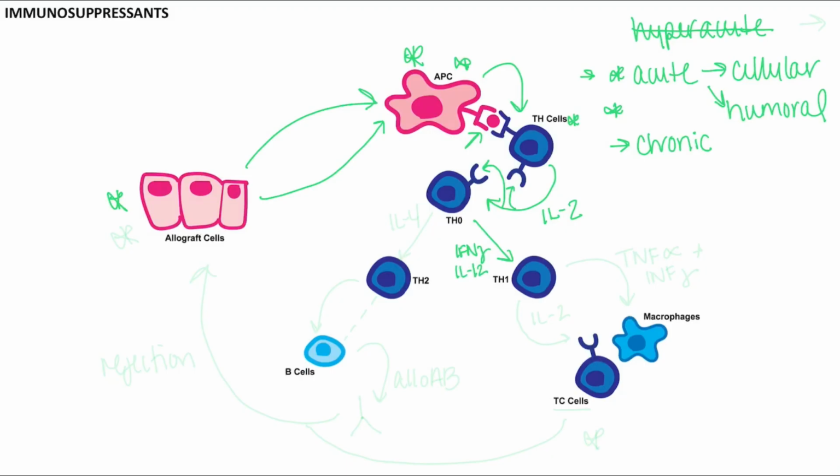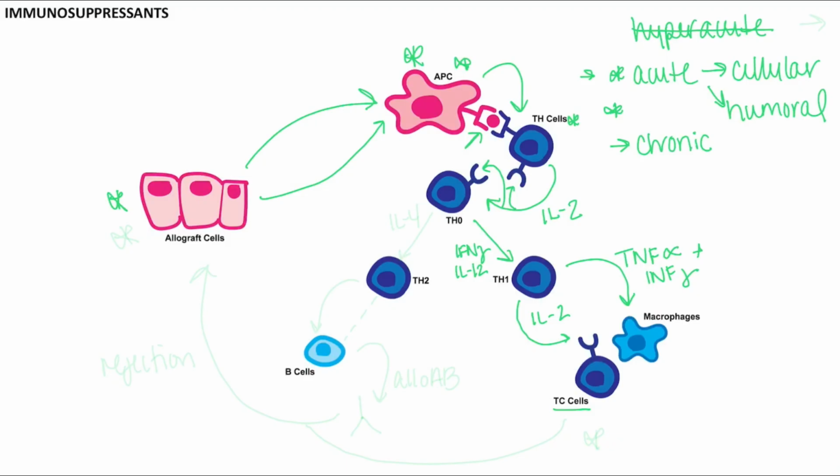And then the TH1 cells go on to mediate cell-mediated responses, like through the secretion of tumor necrosis factor alpha or TNF alpha, and more interferon gamma, which will recruit and activate macrophages to promote inflammation, or through the secretion of interleukin 2 again to promote the differentiation and proliferation of cytotoxic T cells, which I'm showing here as TC cells.